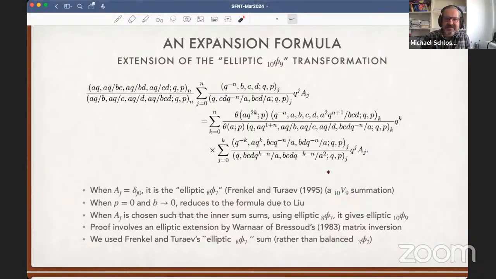Okay, so that means there's no bibasic. I mean, there's a bibasic version of Bressoud's matrix inversion. We haven't tried that yet, and that might work with similar versions.